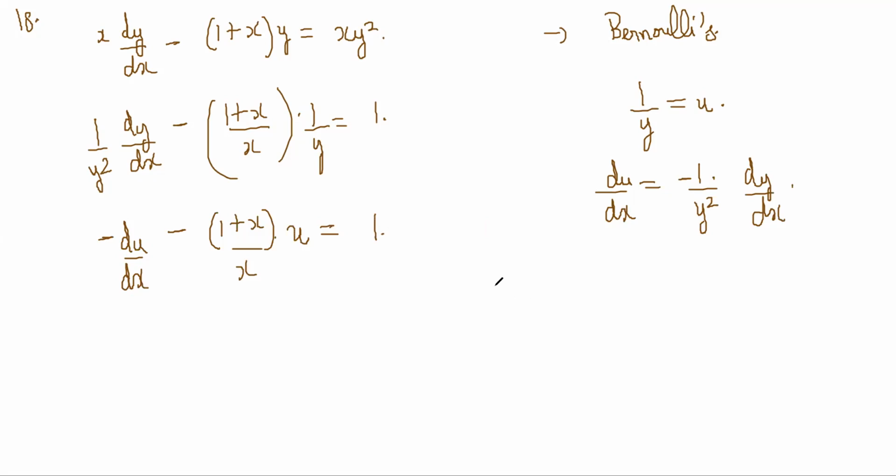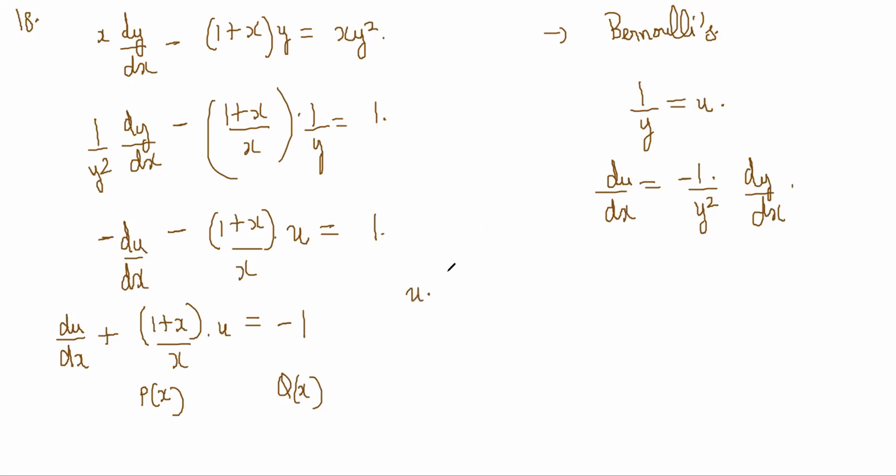So now you can write it as du by dx plus 1 plus x by x u is equal to -1 by x. So my px is this, and qx is this. So the solution should be u into IF.